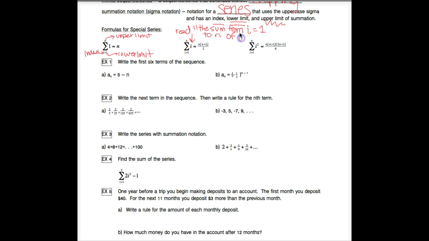So in this case, i. So the second one, we would read the sum from i equals 1 to n of i squared.